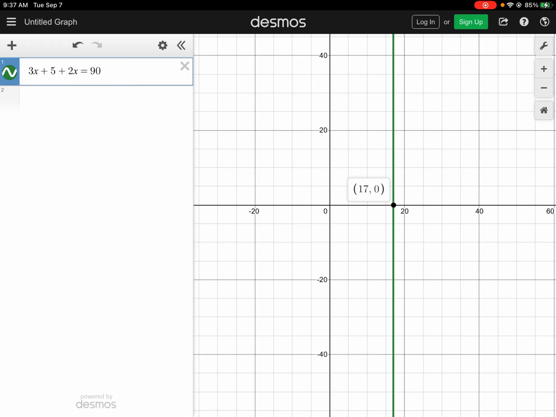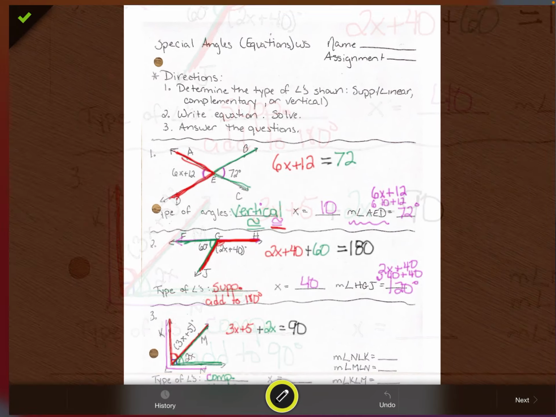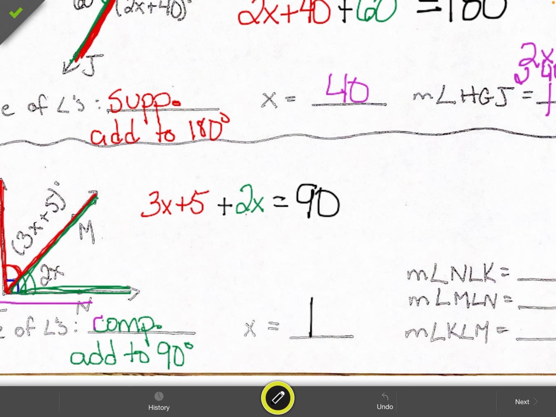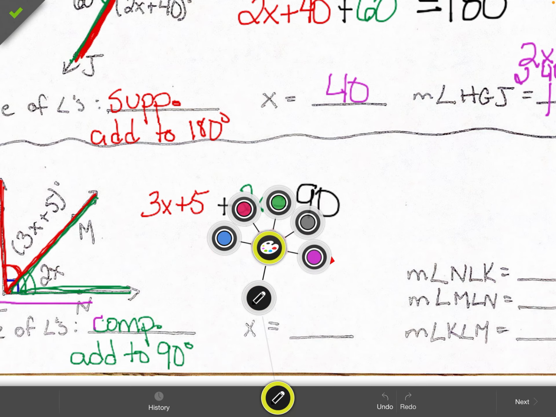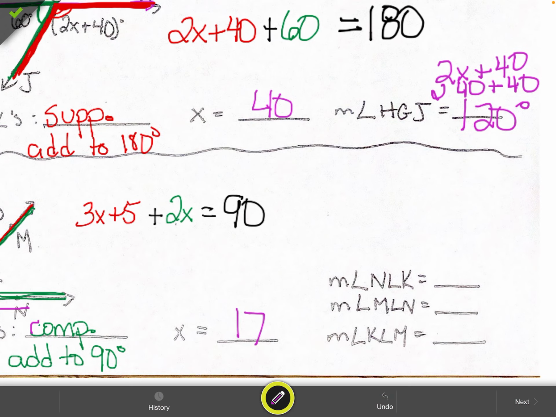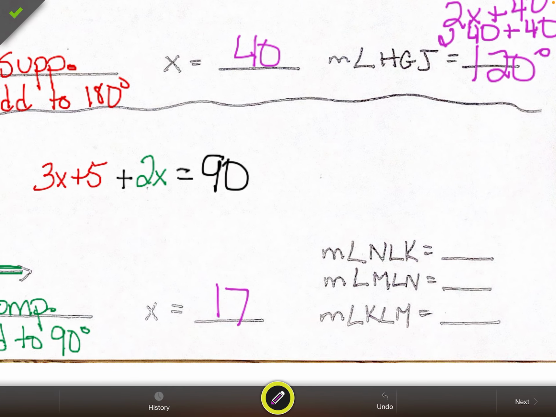Okay, tap, we get 17. So x is 17. Well, let's do that in purple, just to stay consistent. Now, notice over here, they want all sorts of things. So we got to be careful.